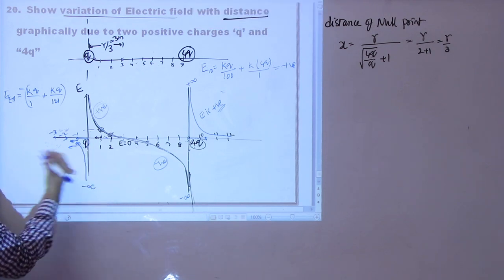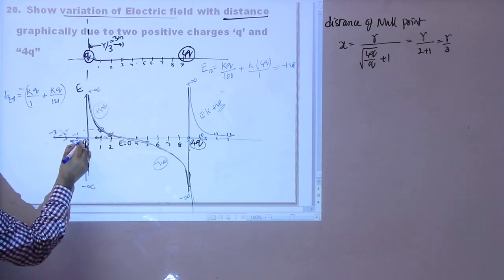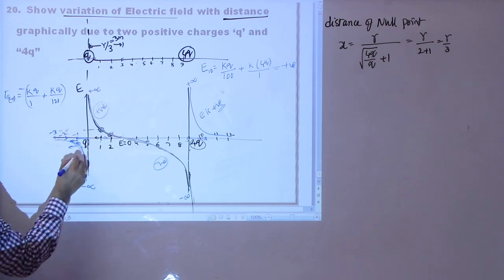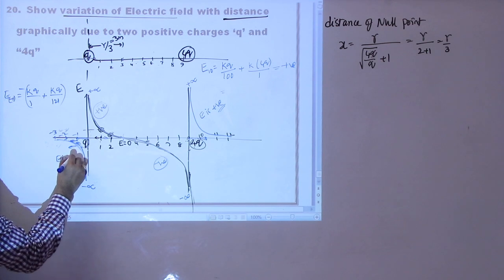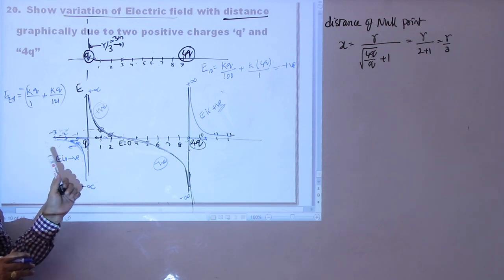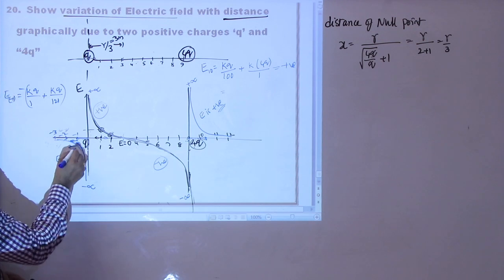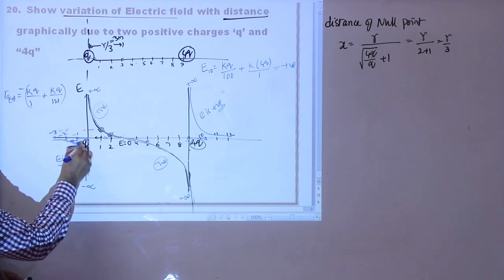Similarly, if you draw the graph, this will be negative infinity on the left side and plus infinity on the right side, and the graph will be like this. So the meaning is that here the electric field is negative along the negative x-axis. Remember students, the electric field is negative, that means the magnitude of the electric field is not negative, the direction is negative, but the values will be like this.